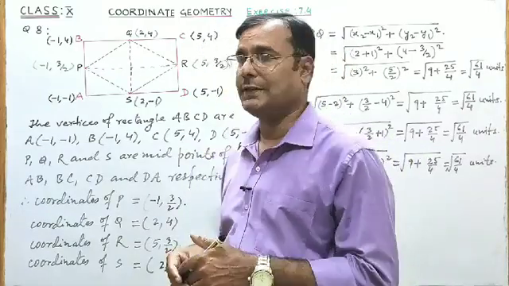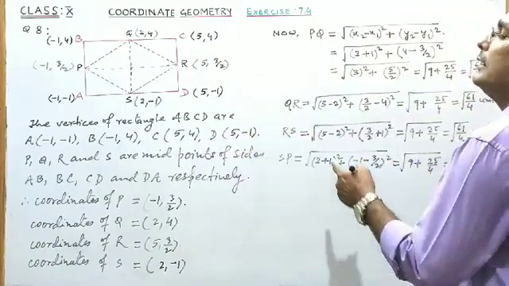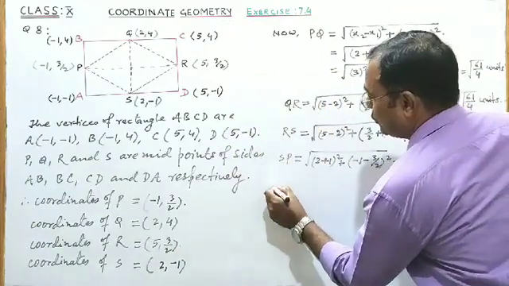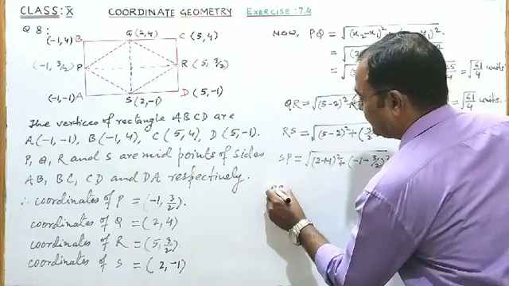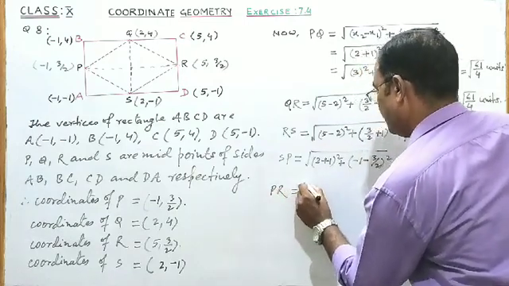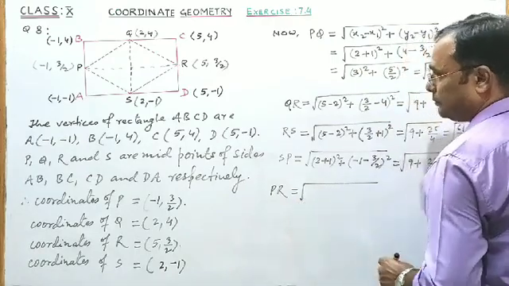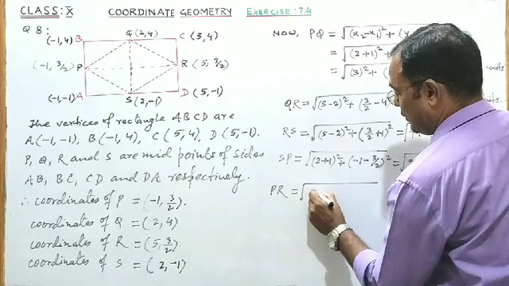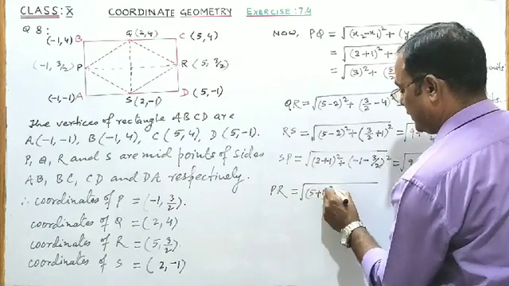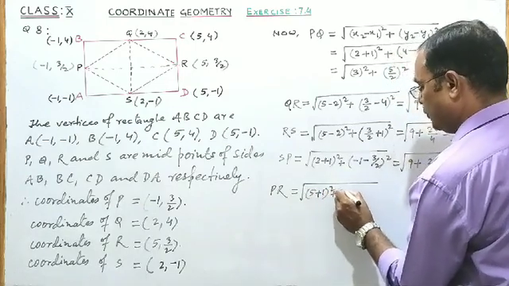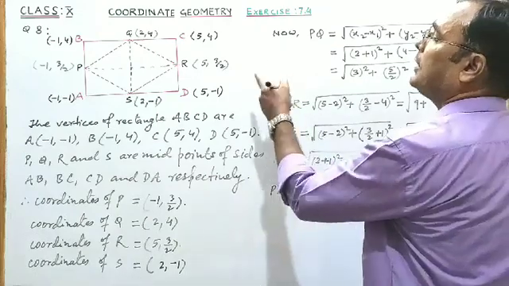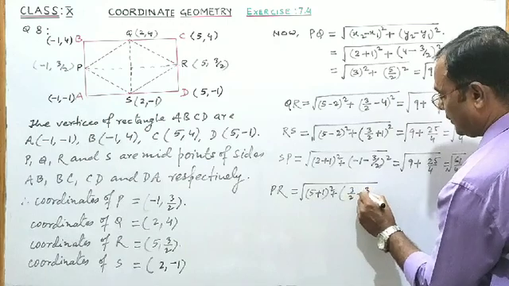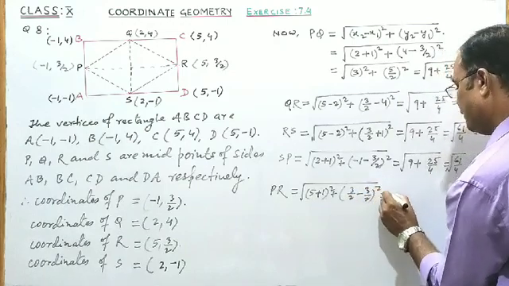To decide it, let us find diagonals PR and QS. So diagonal PR is equal to the square root of (5 plus 1) whole square, 6 square, plus (3 by 2 minus 3 by 2) whole square.